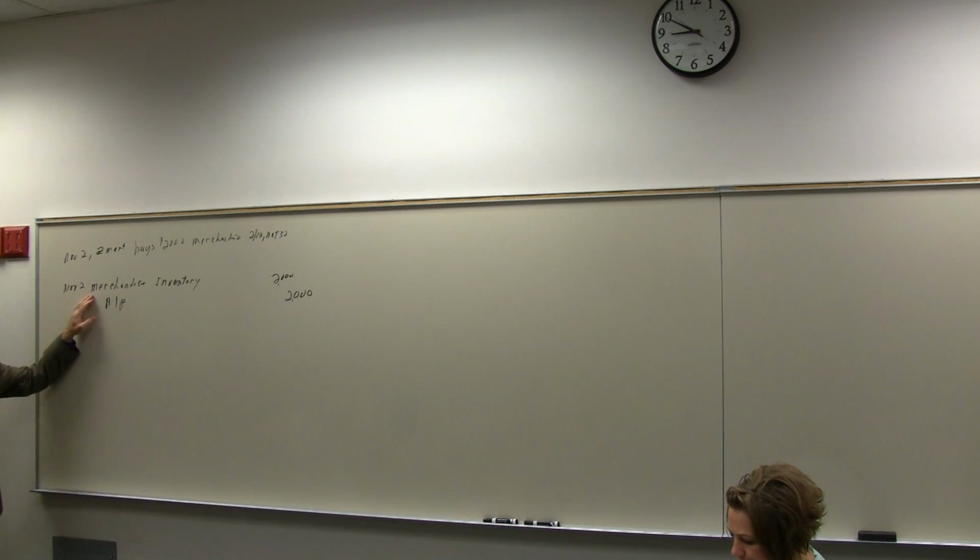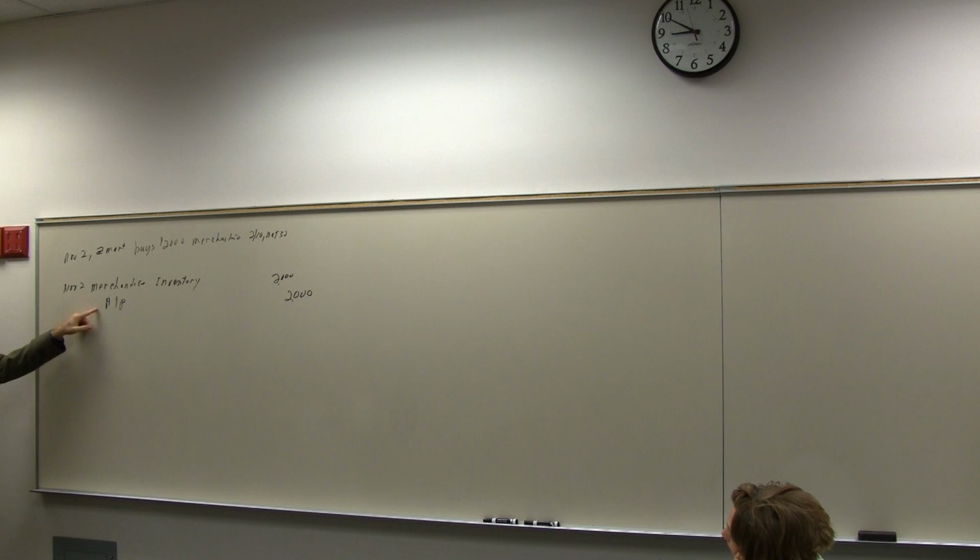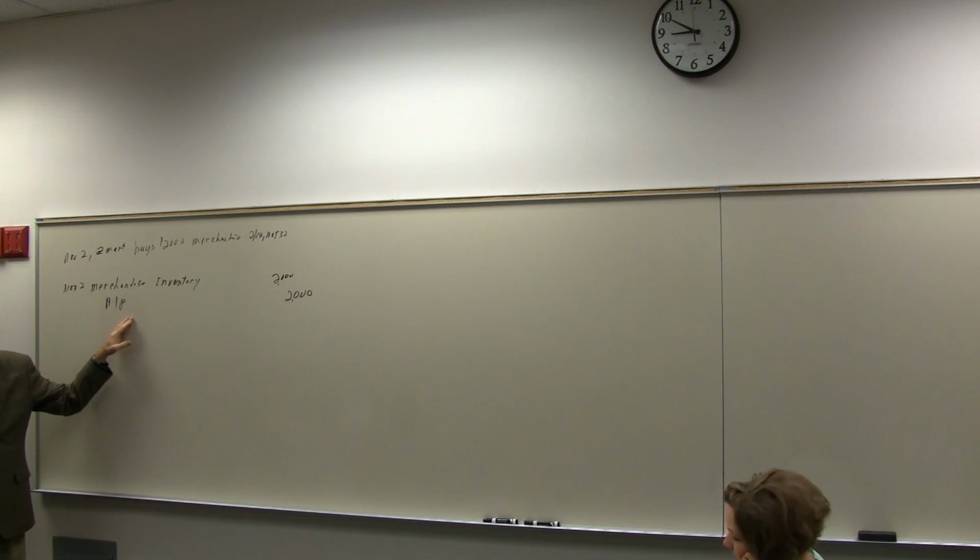So, what kind of an account do you think merchandise inventory is? It's an asset, right? You bought it. Now, why don't you take the 2%? Well, the 2% is taken when you pay it, because at this point in time, you don't know whether you'll pay within the discount period.